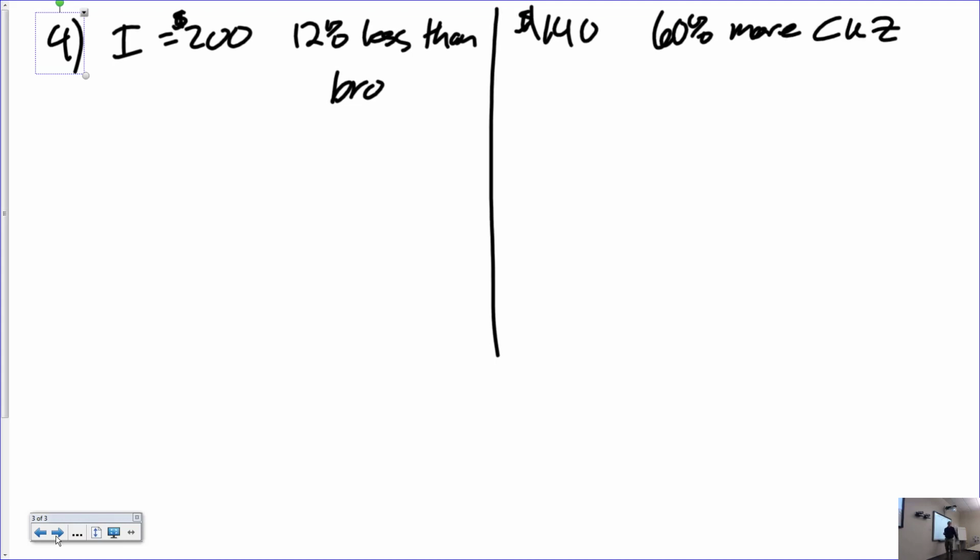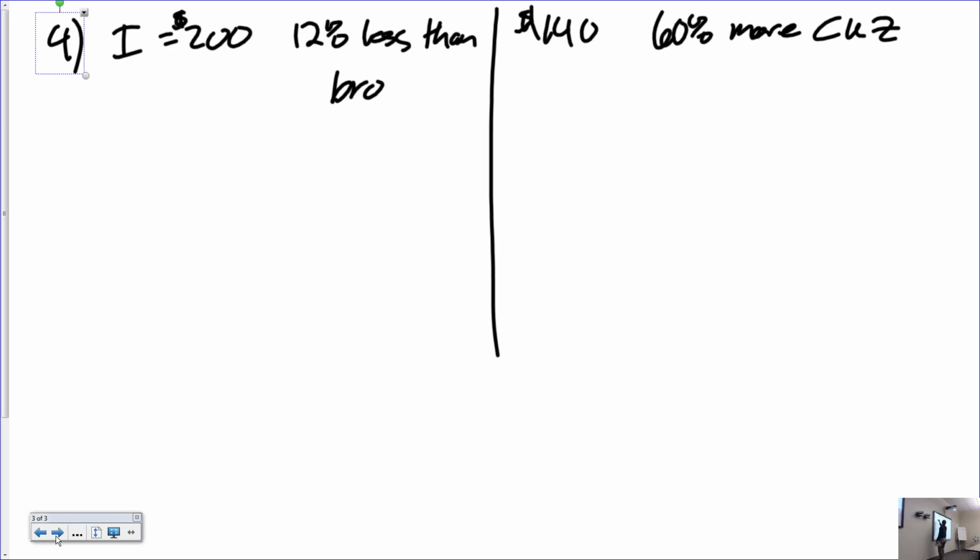So depending on which test you had, you either had percent less or percent more. The key to both of these was that when you had 12% less, you did not add. When you had 60% more, you did not subtract. Because in these problems, percentage increase, percentage decrease, you are always either going to subtract or add, depending on which one it is.